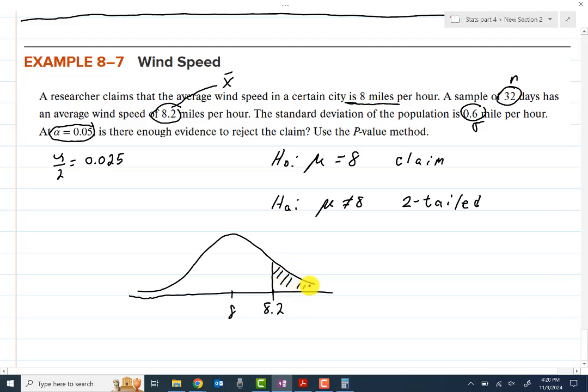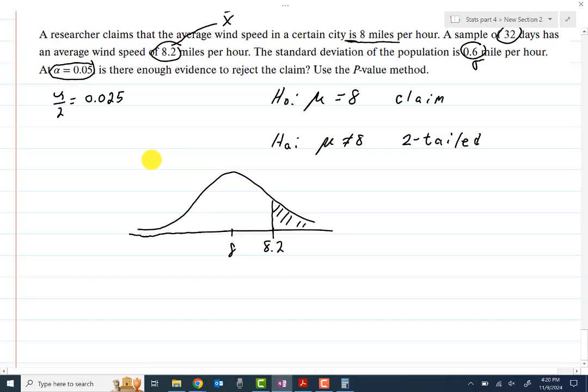Since it's on the right, we have to shade to the right of the mean that we measured. Let's go get a sigma sub x bar while we're here. That's sigma over the square root of n. That's going to be 0.6 divided by the square root of 32. 0.1061.